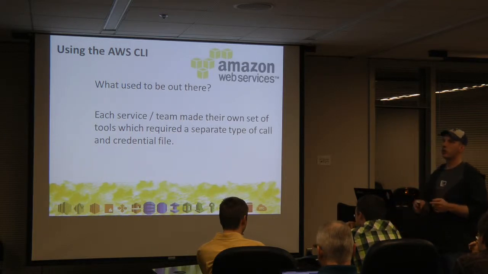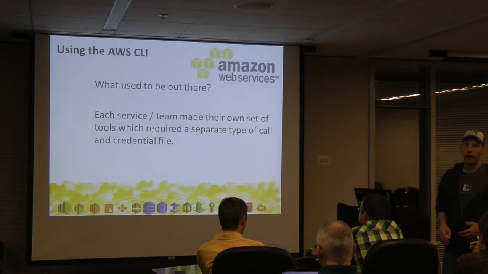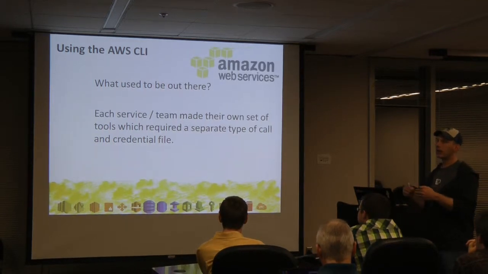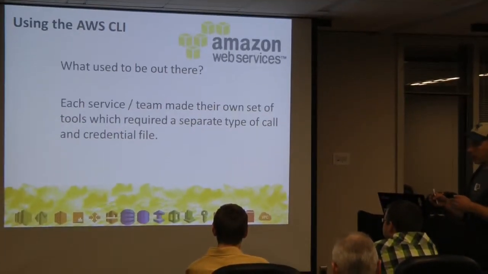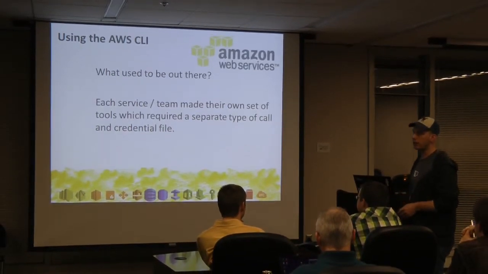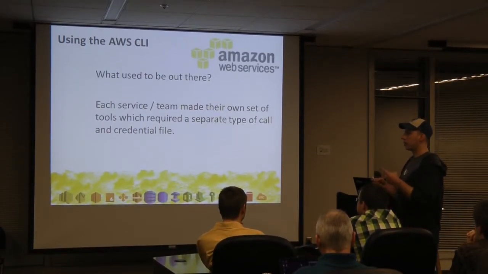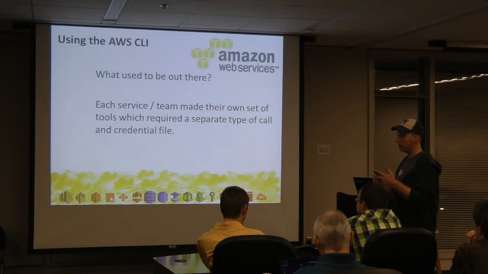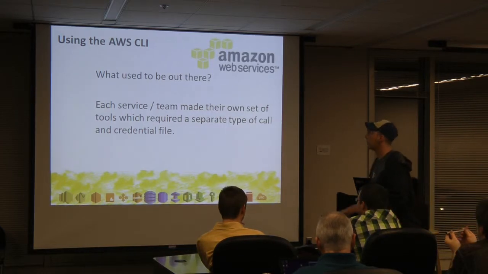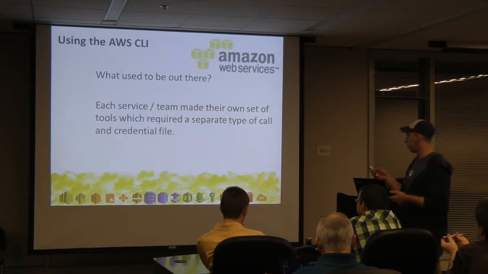Each tool required its own credential file, so no matter where you kept your tools, you would have to put in your set of AWS credentials for the account you were going to use. It was usually your key. It wasn't a username or password, but that set of hashes for your user.